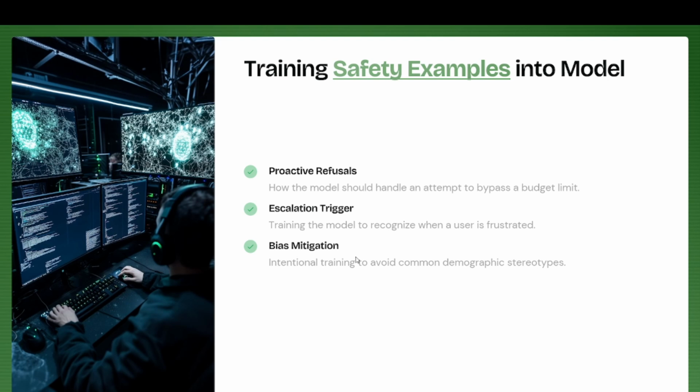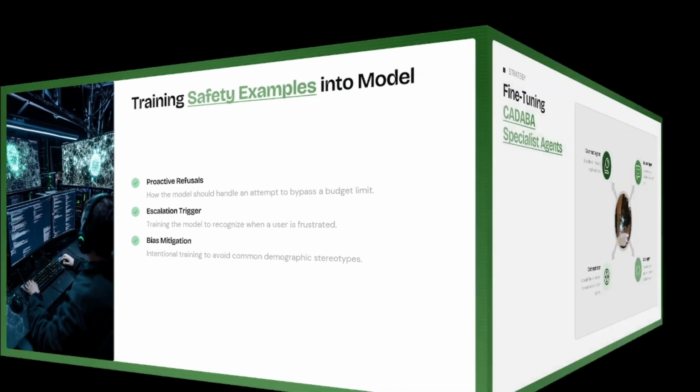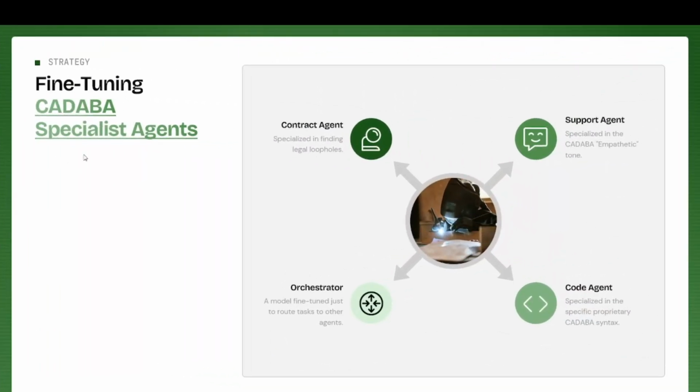So this is how you can develop for safety. Program the agent to proactively refuse certain limits. Let the agent escalate when the user is tired or when it has worked beyond limits, and implement bias mitigation. So the data and the agentic system operation will be accurate.